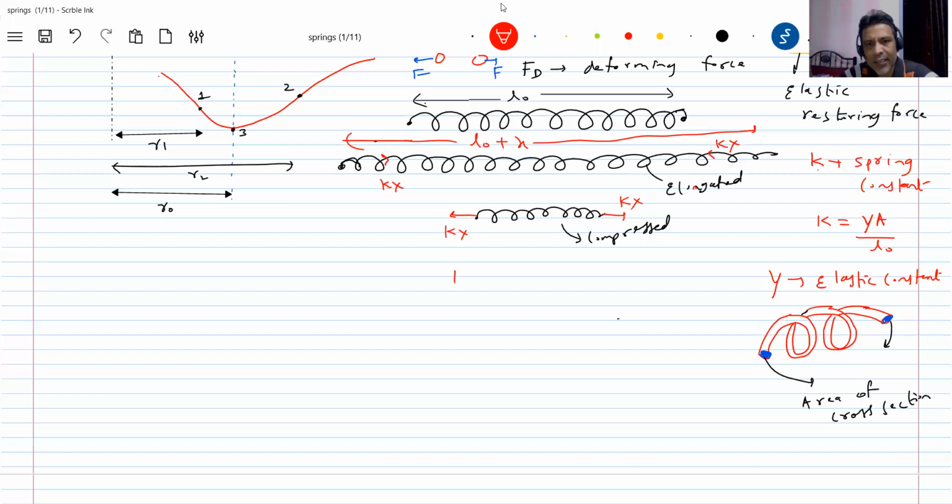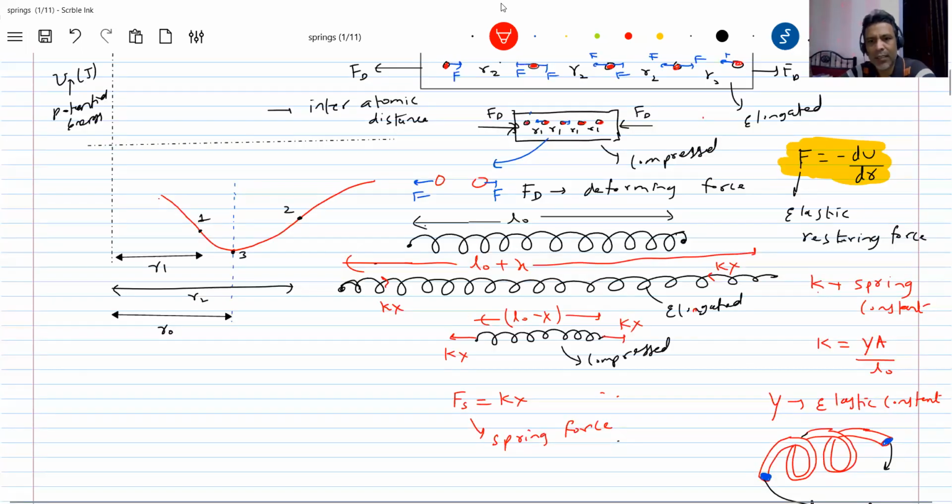This Kx, you can give a name like this: spring force. So what is that X? In compression you have to call it L naught minus X. Got the idea? So there is one basic thing you have to remember related to springs.